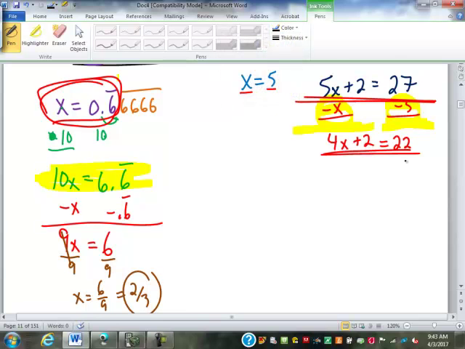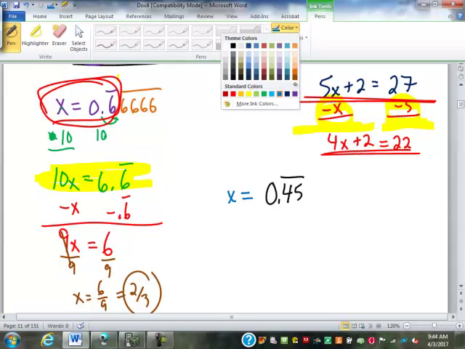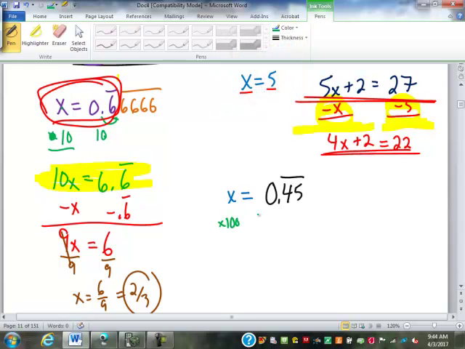Well, what if I have more than one digit? What if I have 0.45 repeating? Then we let x equal 0.45 repeating. And then instead of multiplying by 10, we're going to multiply by 100, because we have two digits that repeat here. So x times 100 is 100x.